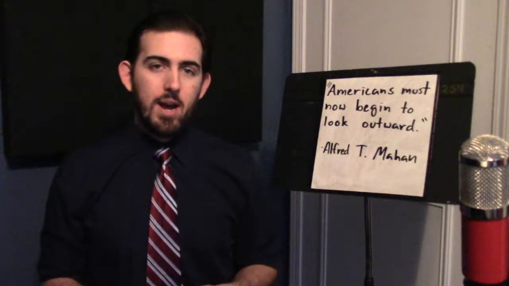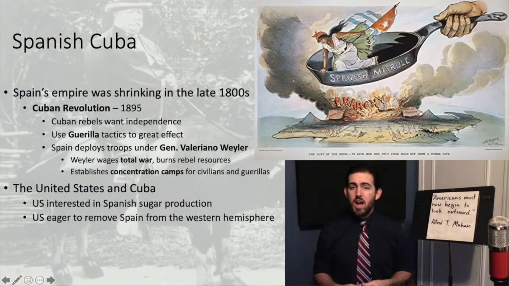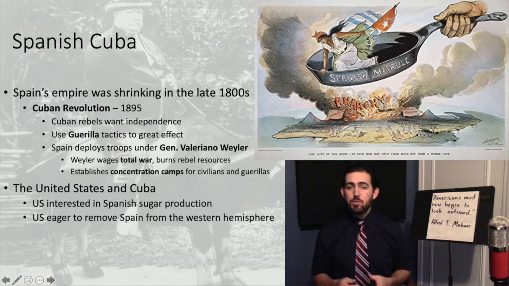The Spanish Empire, which had once claimed nearly all of Latin America, shrunk dramatically in the 1800s. By 1890, Spain had lost all of its imperial holdings, with a few exceptions: Cuba, Puerto Rico, Guam, and the Philippines. In 1895, Cubans launched a rebellion in an attempt to win their independence from Spain.